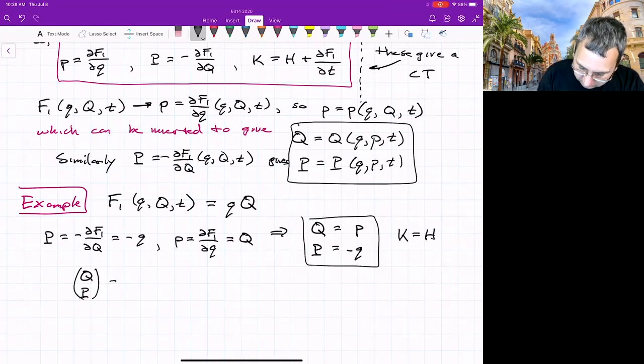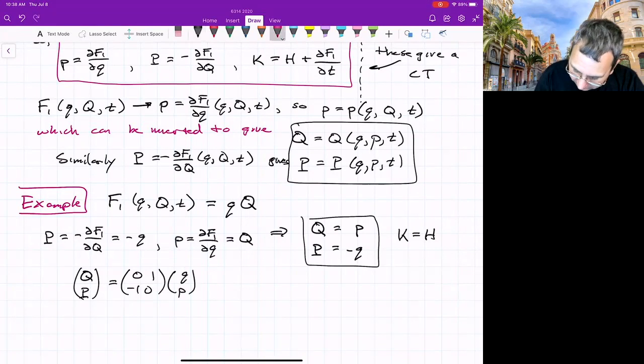We could write it this way, right? Q P, and we recognize this matrix, or hopefully we do.